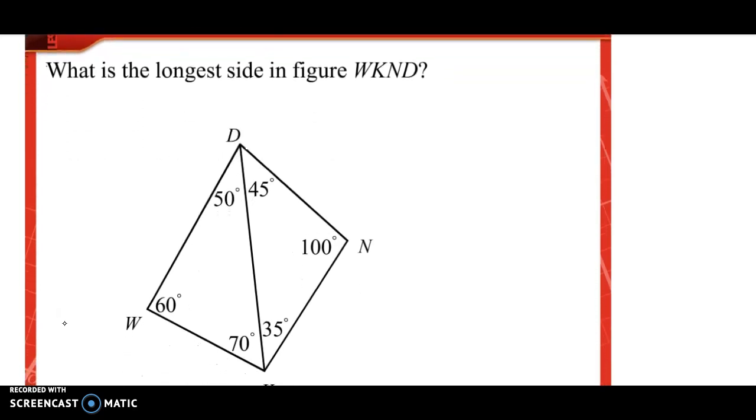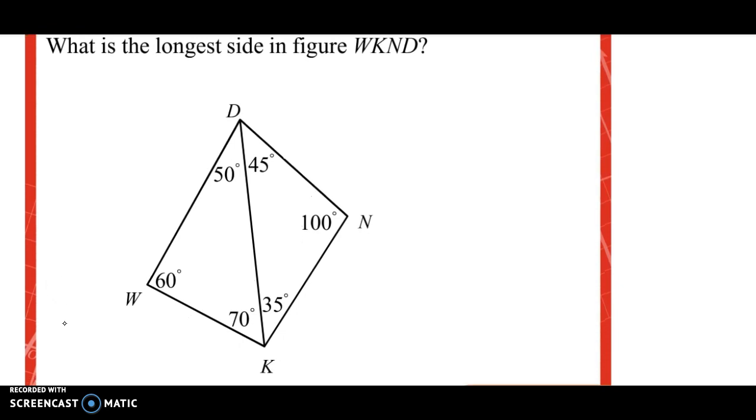Then we get to these lovely things. With these, it's a little bit tricky, but you just look at the two triangles separately and then put them together. So on this triangle, on the left one, 60 is the smallest, that's angle W, and it's across from DK. And then, oh, I'm sorry, I went the wrong way.